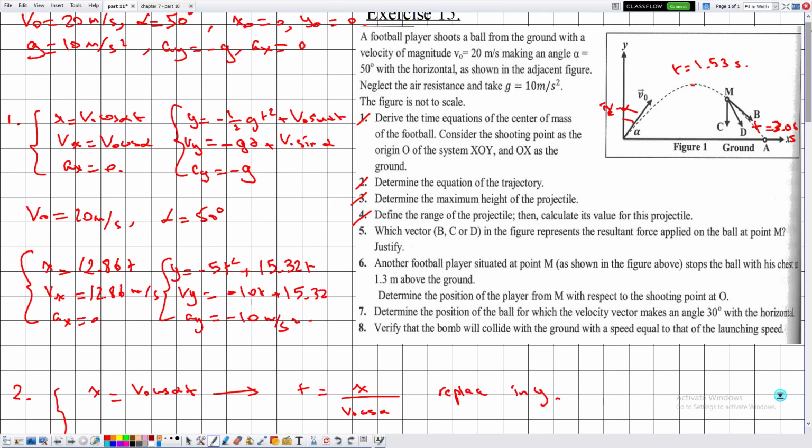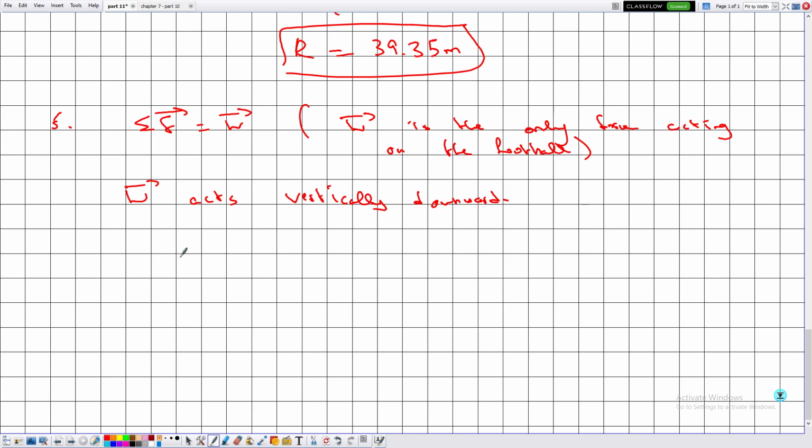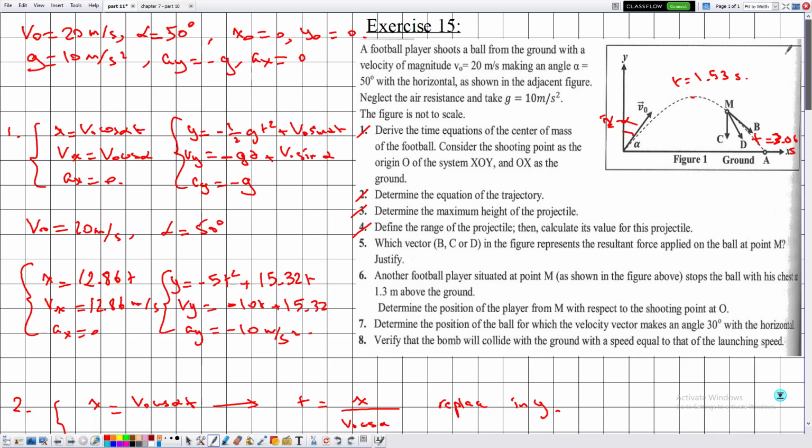So in this case, the correct vector is C. Then C corresponds to W, since it has the same line of action and direction. So we are done with part 5.